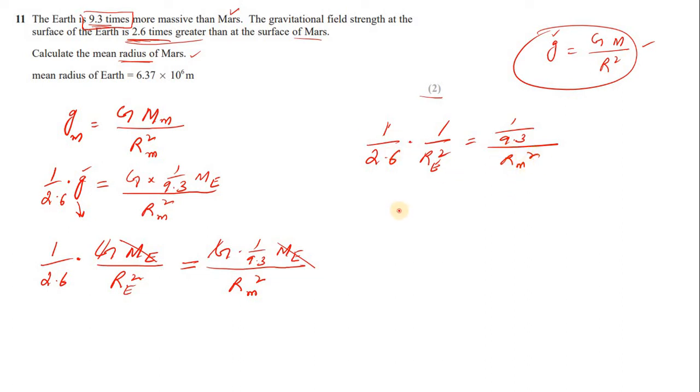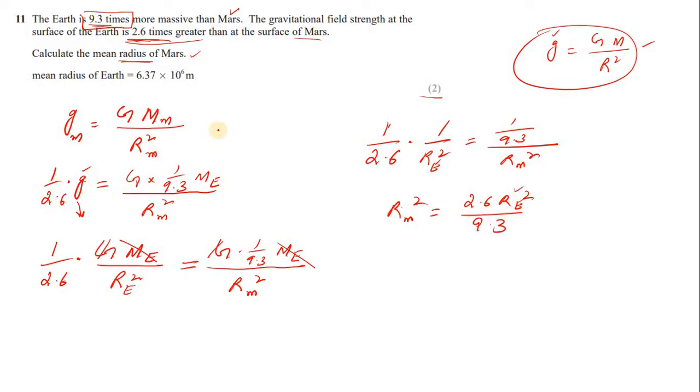So if you do your maths, Rm squared is equal to 2.6 times Re squared divided by 9.3.